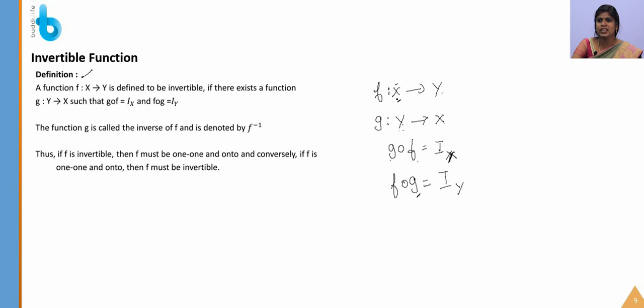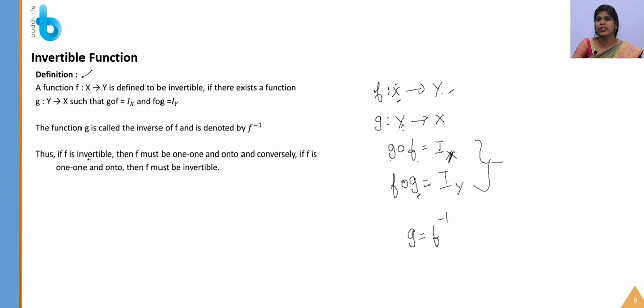Domain of f is X and f composite g equal to identity in the domain of g. Domain of g is Y. If these two conditions exist, then f is invertible and g is the inverse function. The function g is called inverse of f. That is, you can say g is equal to f inverse, that is inverse of f is g.